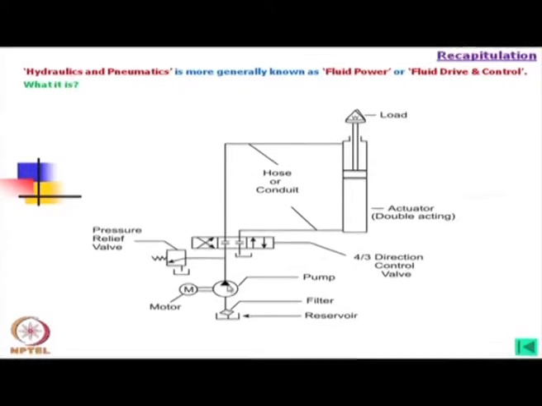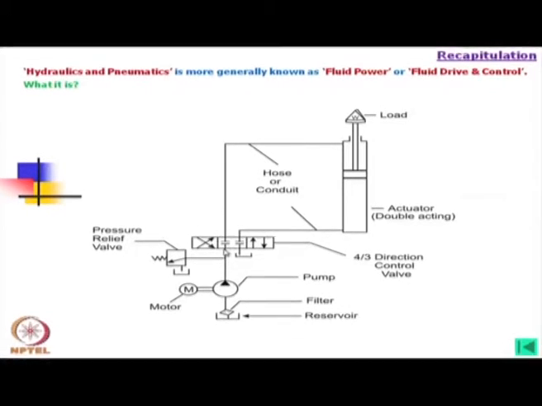When the pressure exceeds the system pressure we have set, the oil will automatically go out through this valve to the reservoir. So, this is the basic system, and if we further consider this valve, this is why we call it a 4/3 directional control valve, because there are 4 ports: 1, 2, 3, 4.